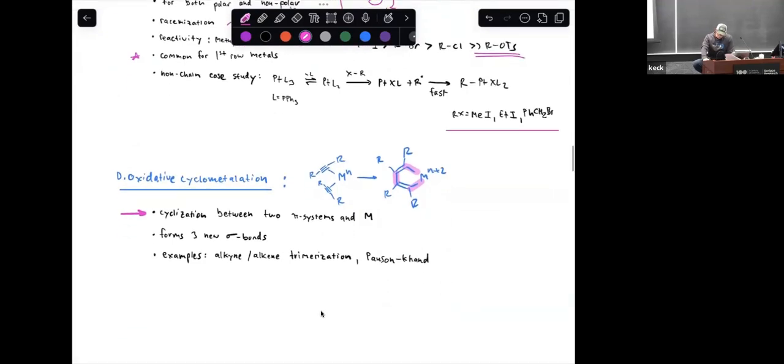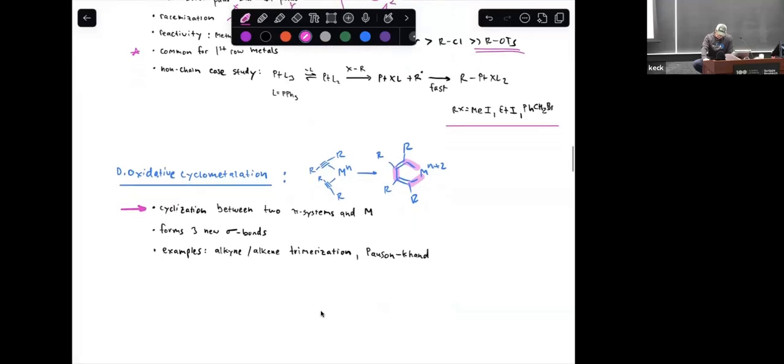One step I just want to touch on briefly, it doesn't really fit in nicely anywhere, but I think is most connected to oxidative addition, is called oxidative cyclometallation. I've heard this described as trading pi bonds for sigma bonds. This is common in catalytic reactions you might be familiar with, like the Pauson-Khand reaction.